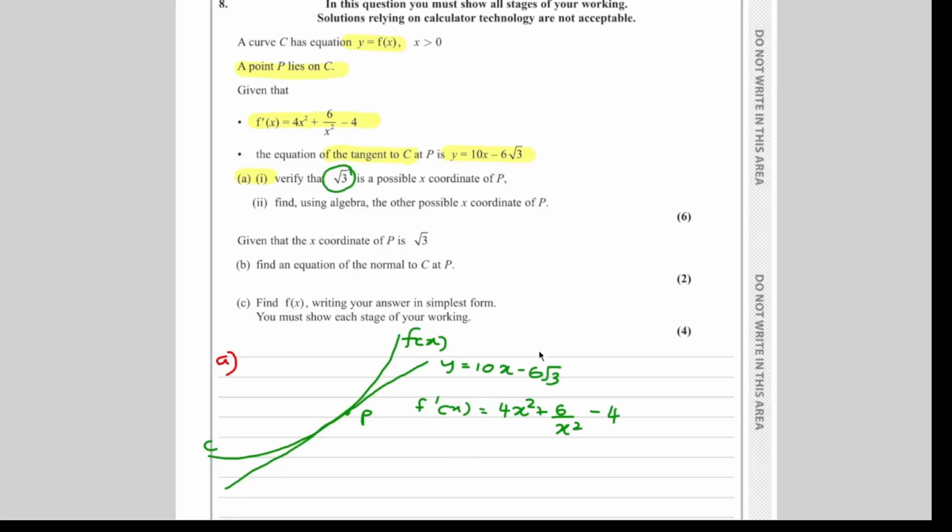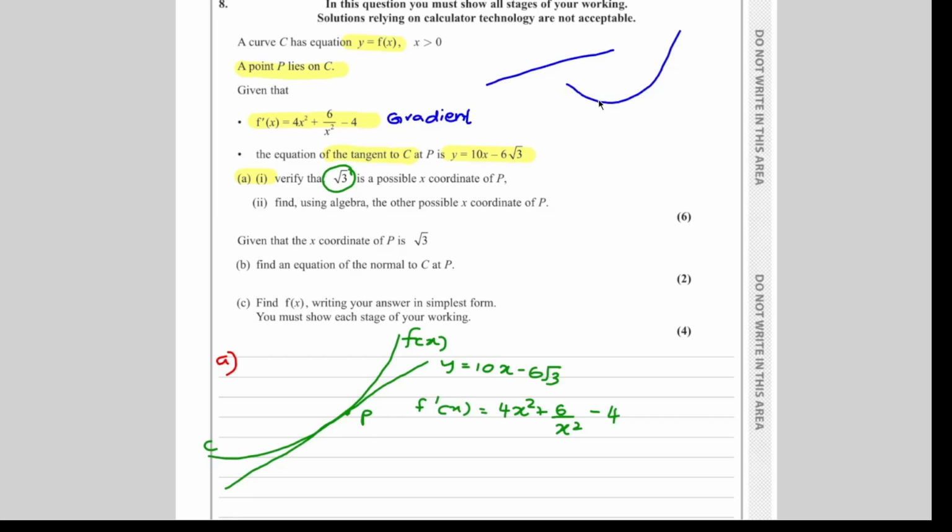So what is f dash of x? Wherever you've been given f dash of x, it is the gradient formula. Not like a straight line. When there's a straight line, no matter where you go, the steepness is the same. The gradient is the same. But when you are getting a curve, no matter where you go, the gradient is different.